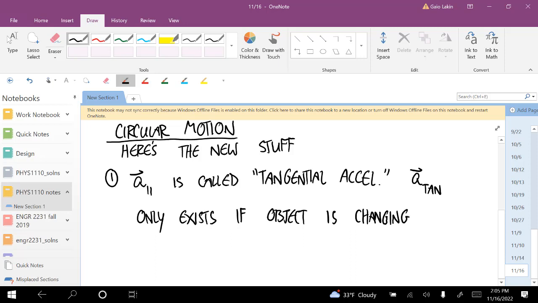And if you have circular motion and the object is changing speed, that's called non-uniform circular motion.